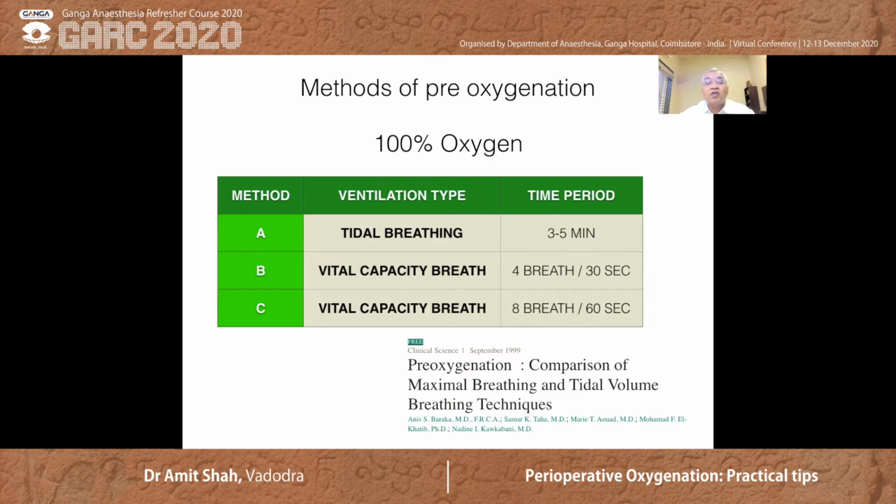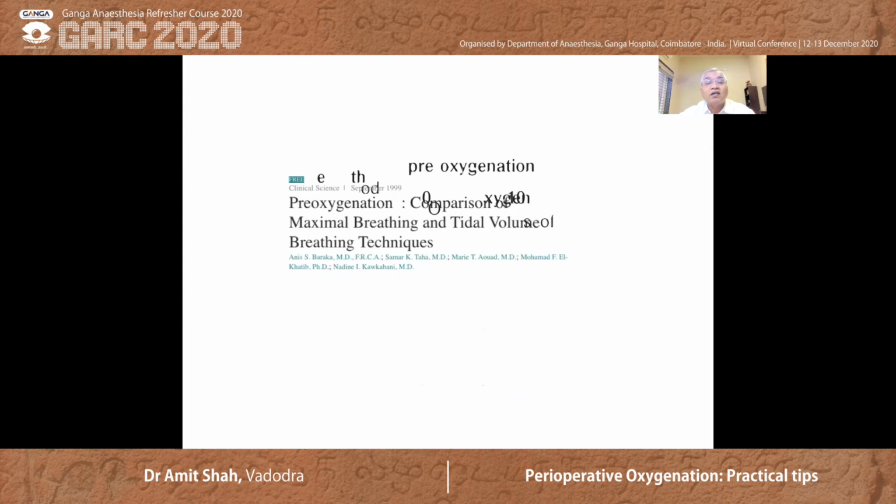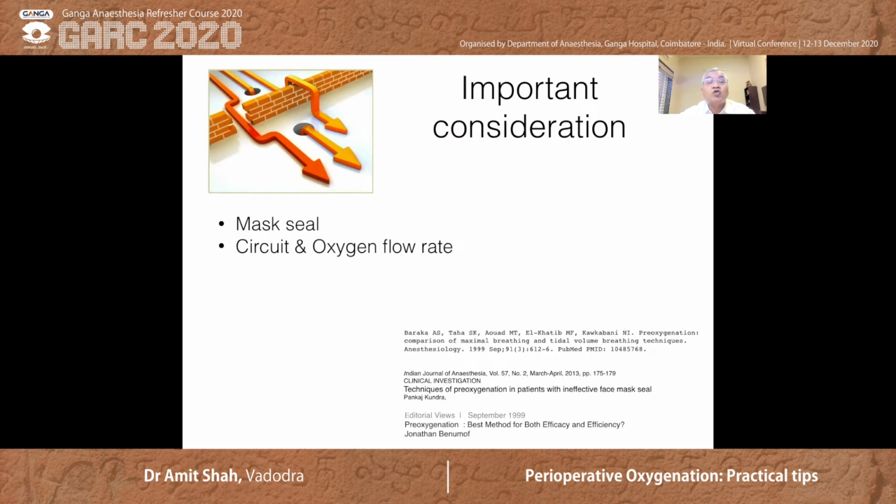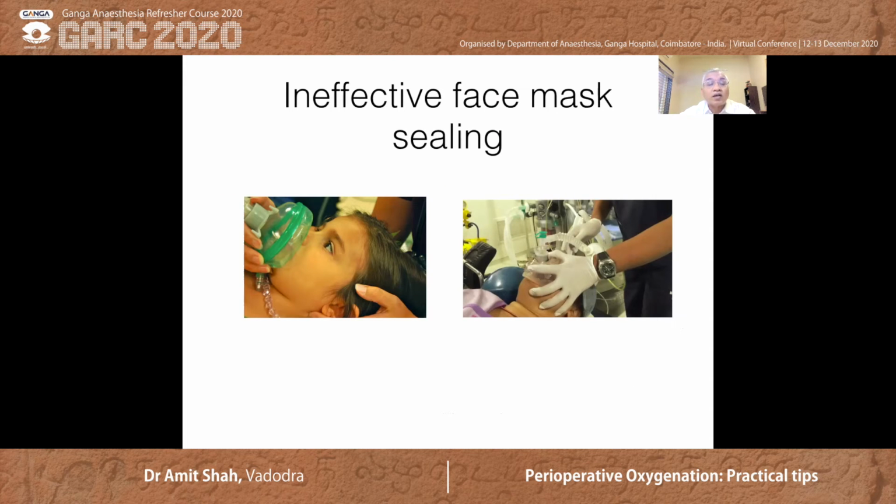These three methods were compared by Anish Baraka, and what he identified was that 8 vital capacity breaths over 60 seconds gives you the best chances of 90% oxygenation in your lung. But it also depends upon effective mask seal and circuit and oxygen flow rate. Mask seal cannot be effective in pediatric patients, edentulous patients, and bearded patients, and it becomes very difficult.